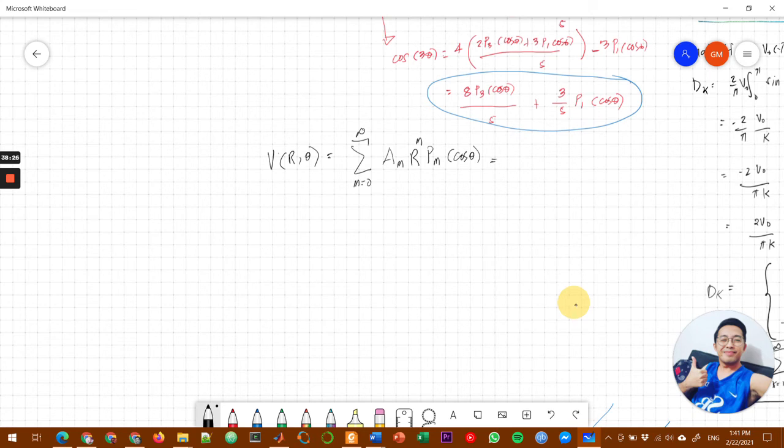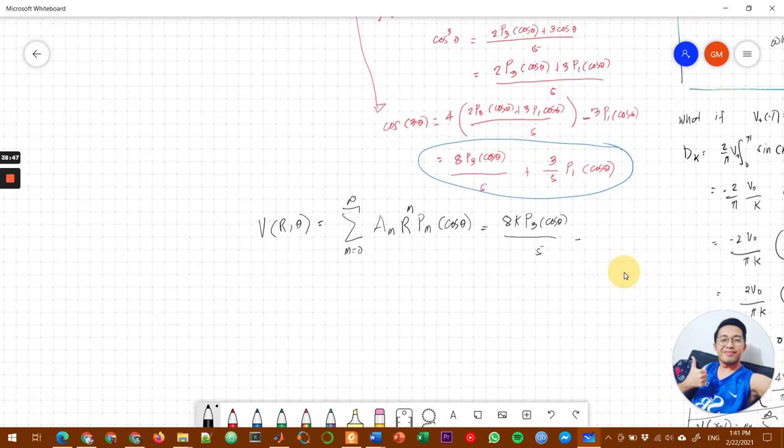We have 8k, naman to k, di ba? P3 cosine theta over 5 minus, okay? So, minus din siya di ka. This should be minus there. Sorry about that. This should be minus.